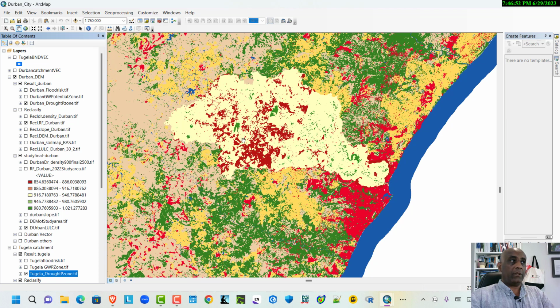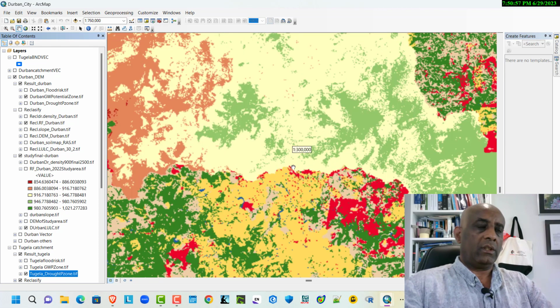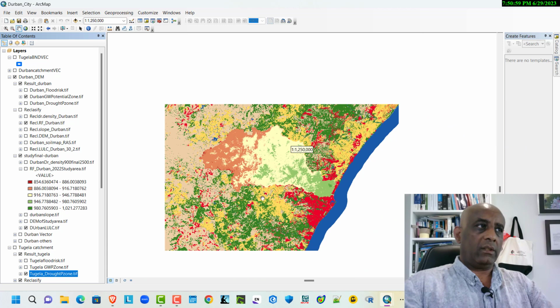You see, Pietermaritzburg is more vulnerable to drought than Durban. That is it. So that is the analysis I did.